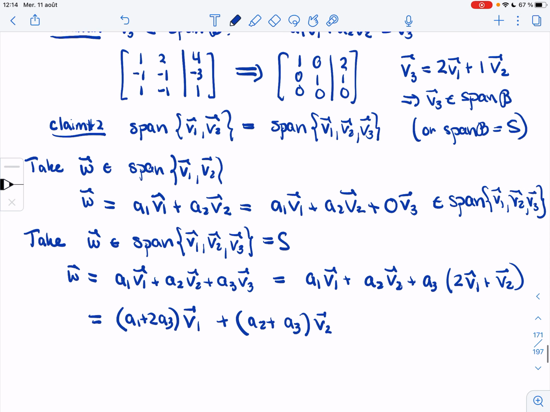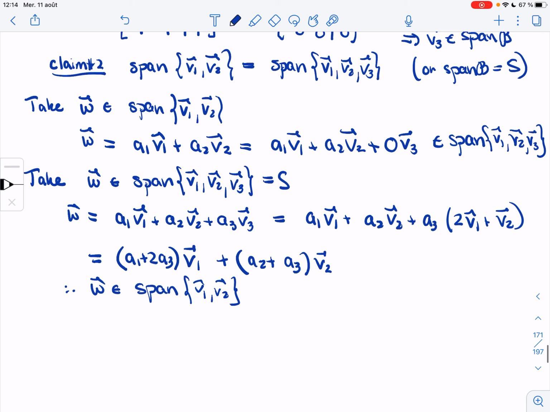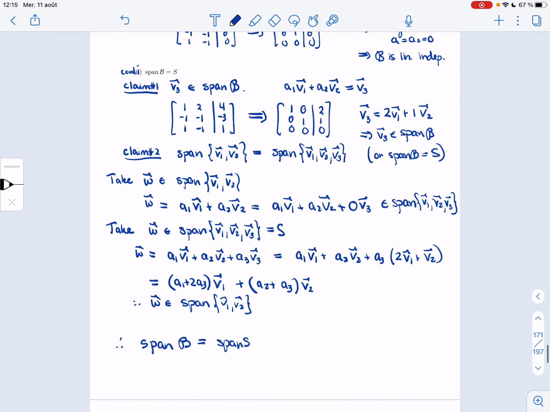That means the two sets have exactly the same elements. And so we've proven that span of B is span of S. So that's condition 2.